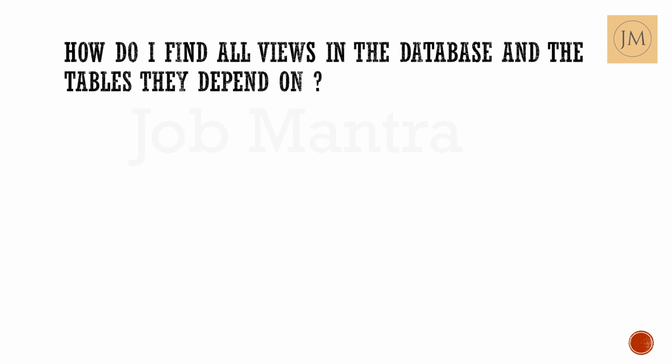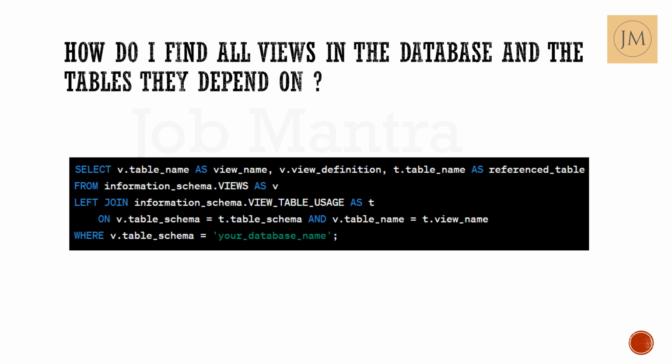How do I find all views in the database and the tables that depend on them? You can find all views in the database and the tables they reference by querying the information schema views and view table usage tables.